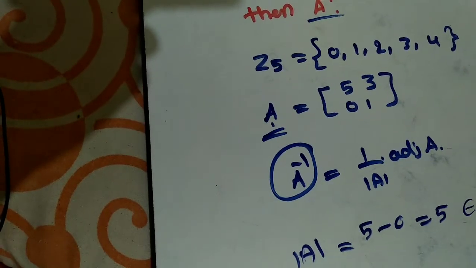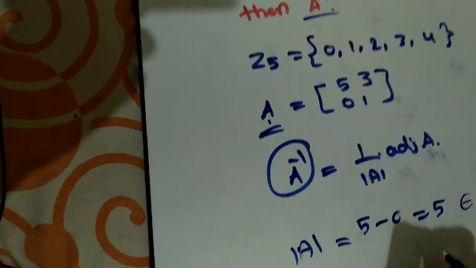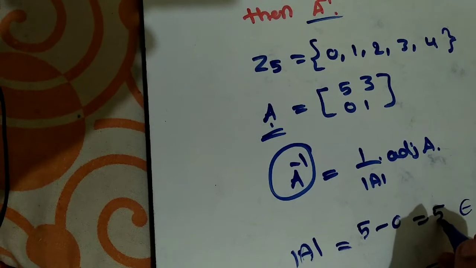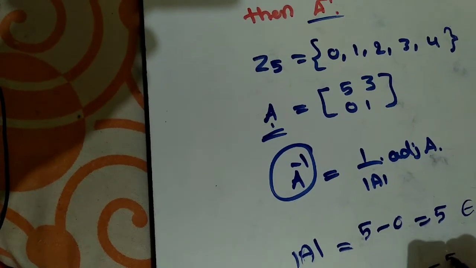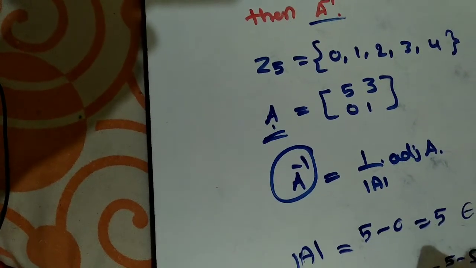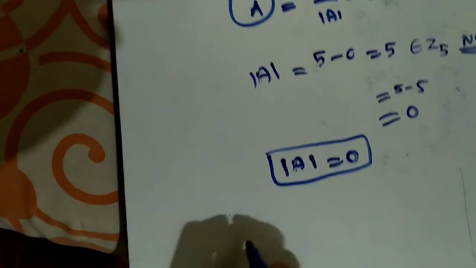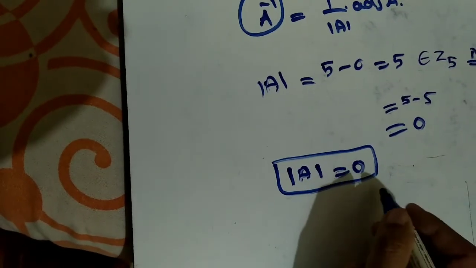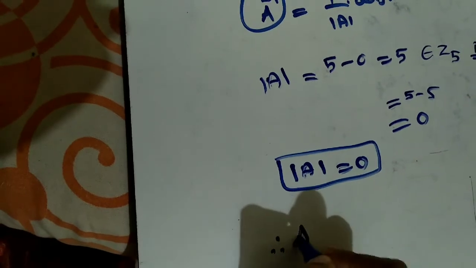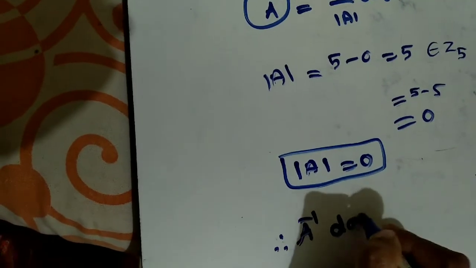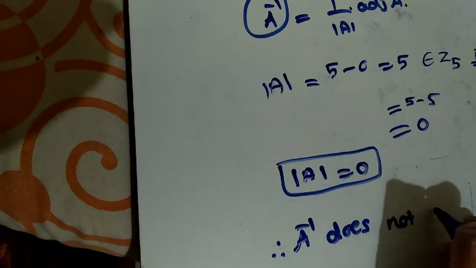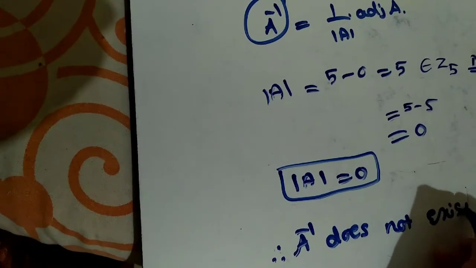So what we have to do is convert this. How? We just subtract 5. 5 minus 5 gives me 0. It means the determinant of A is 0. Therefore, if you get the determinant of A as 0, then A inverse does not exist.